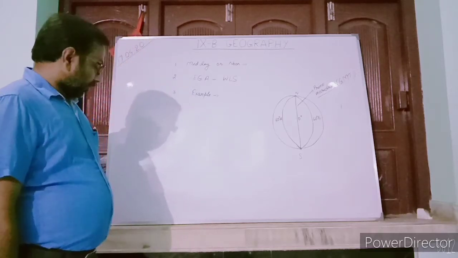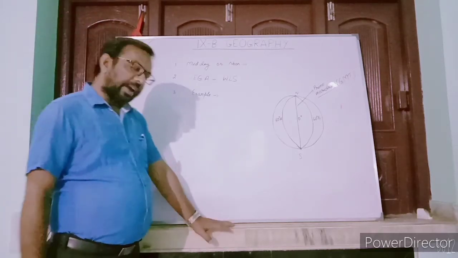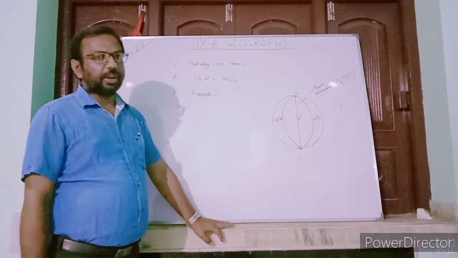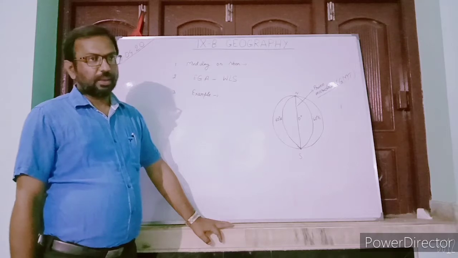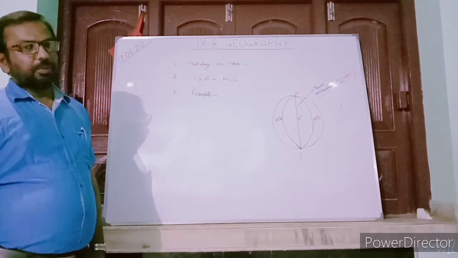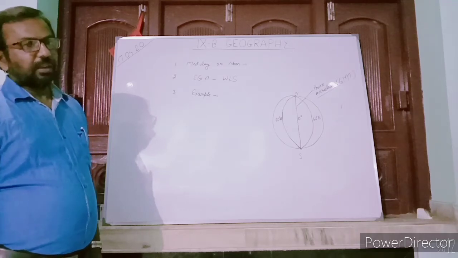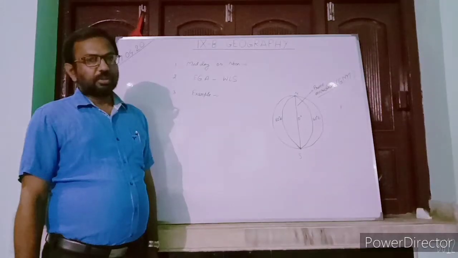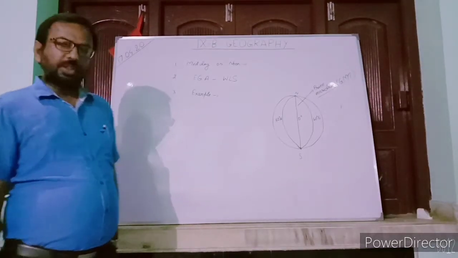Now we took this fact that the earth rotates on its own axis within 24 hours. So within 24 hours, each and every longitude comes once in front of the sun.